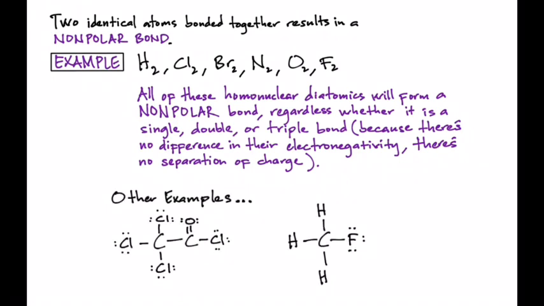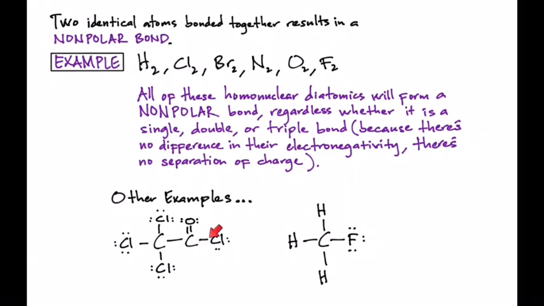So here's a few more examples. We have two different molecules here. Between carbon and chlorine, this bond right here is considered polar because chlorine is more electronegative than carbon. Same thing with this bond right here and this bond right here. So all these three single bonds here are considered polar because chlorine is more electronegative than carbon. Same thing over here. The double bond between carbon and oxygen is considered a polar bond.